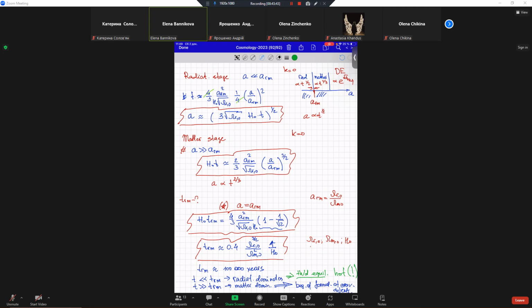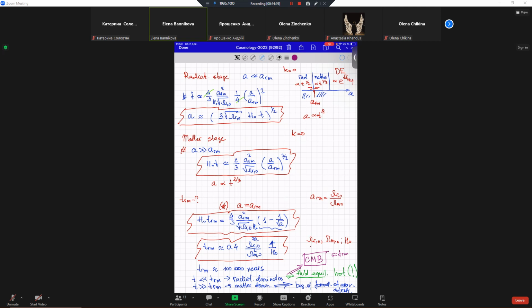And this time exactly corresponds, and this is also very important, I will put here an arrow, to the appearing of the cosmic microwave background.